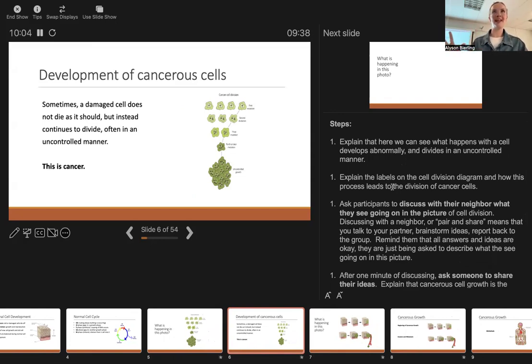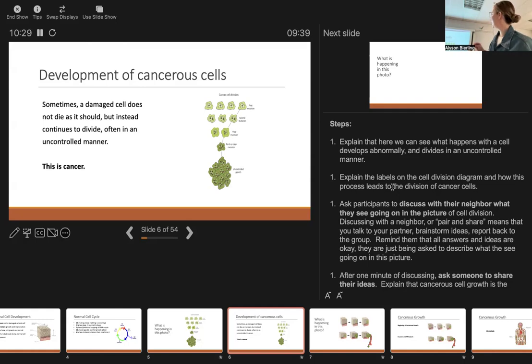This is a damaged cell. This cell needs to die off. But sometimes those checks and balances stop working and the body doesn't detect that there is damage to that cell. And then when that damaged cell does not die off as it should, and instead continues to divide in an uncontrolled manner, that is cancer.